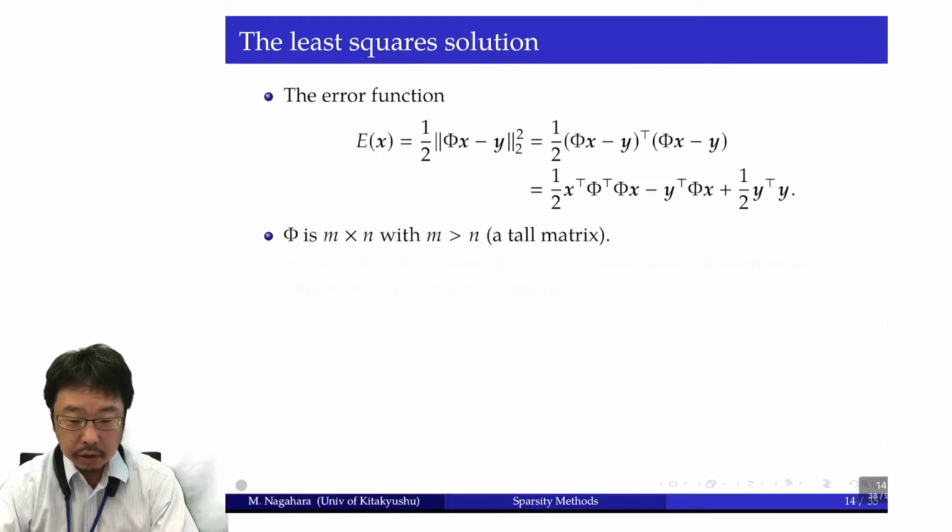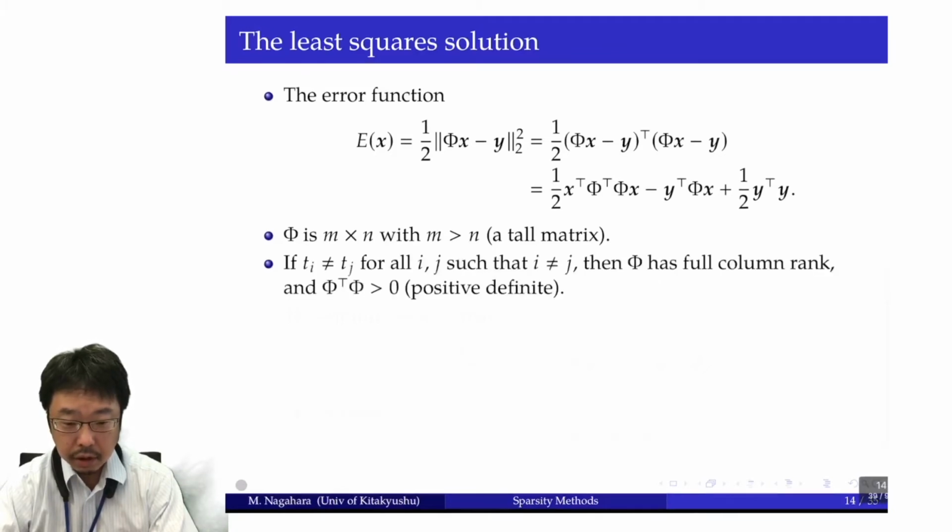Here, the matrix phi is an m times n matrix with m greater than n. So this is a tall matrix. If ti is not equal to tj for all different i and j, then the matrix phi has full column rank, and phi transpose phi becomes positive definite.